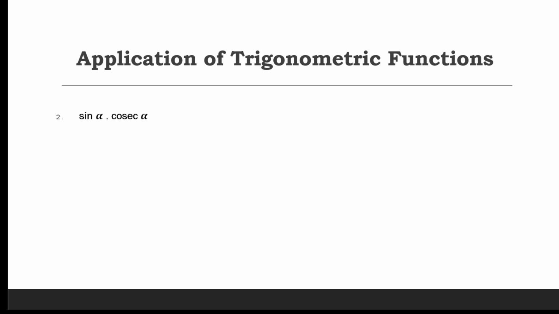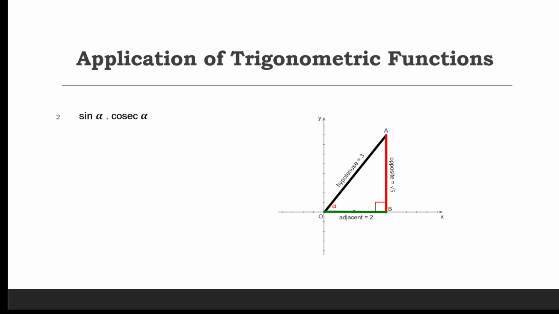Example number 2, sin alpha times cosec alpha. Now let us use our diagram to draw the values from it. Sin alpha is equal to opposite over hypotenuse, and cosec alpha is hypotenuse over opposite.